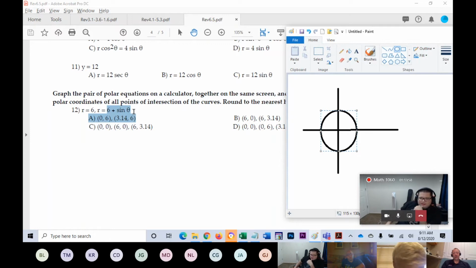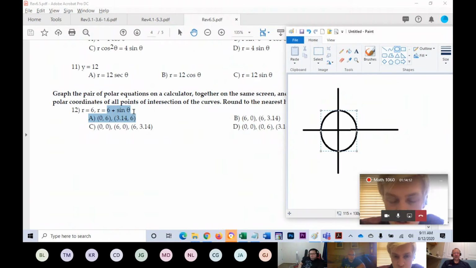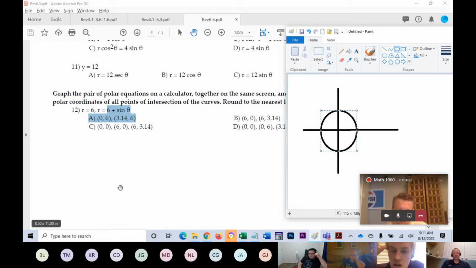I've always heard it called a limacon. My trig teacher called it a limacon, so I'm going to call it a limacon. Would it just be a convex limacon with no dimple because a over b is greater than or equal to 2? Yeah. Okay.